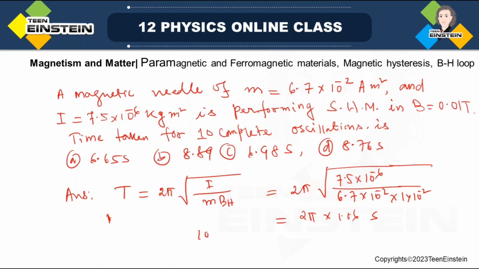So 10T will be 2 pi times this, so T is 2 pi by 10 into 1.06 into 10. The 10s cancel each other, and 2 pi into 1.06 will give you 6.65 second. This is how we have to solve numerical problems related to this.